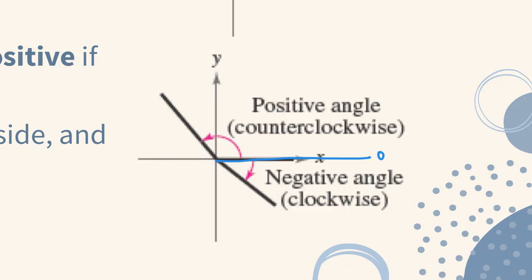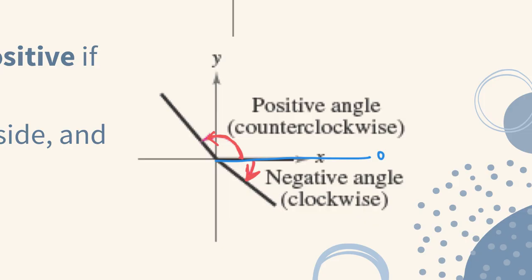Now if I'm finding a positive angle, that means I'm going counterclockwise. Think about it. I'm starting at that initial side and I'm going up. Think of up as the positive direction. This is a positive angle, depends on where I'm stopping. Now, if I'm going in the negative direction, I'm going to be going down. This is negative.